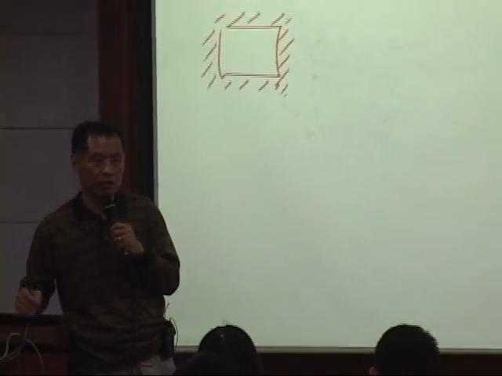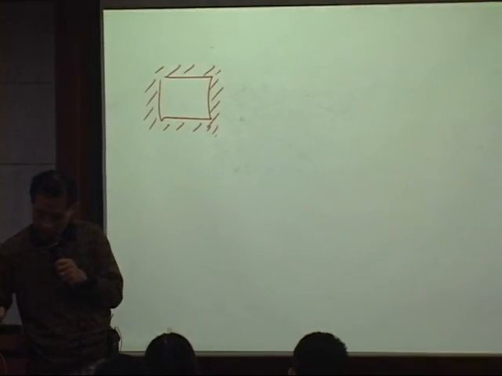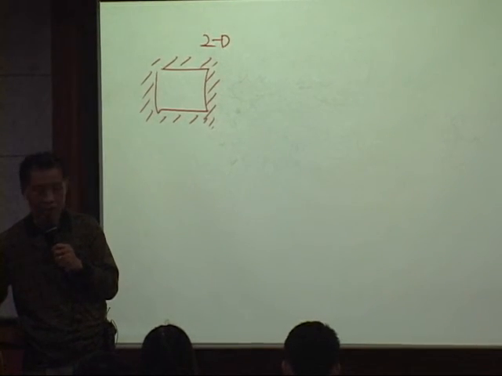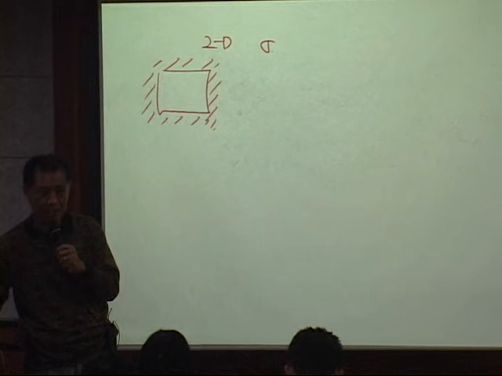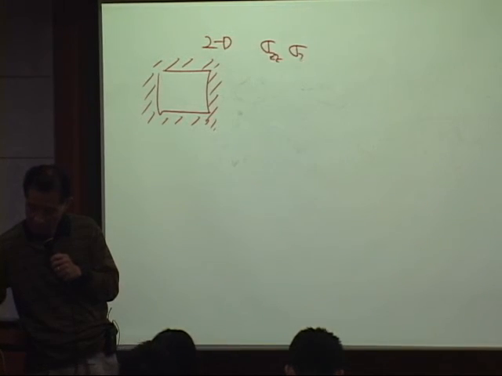Well, we have several problems regarding stress, strain, and temperature relations. For instance, let's say we have a two-dimensional body, okay? If I say 2D problem, which means sigma z, sigma zx, sigma zy will be 0.